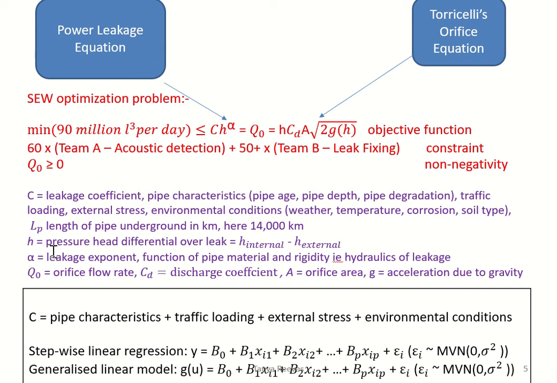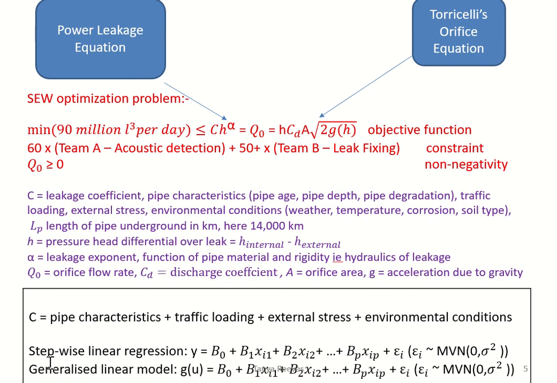Now H is the pressure head differential. C is the leakage coefficient to do with pipe characteristics. So things like pipe degradation, the traffic, the external stresses, environmental conditions like weather, temperature, corrosion, and soil type. And alpha is the leakage exponent, about the hydraulics of the leakage.